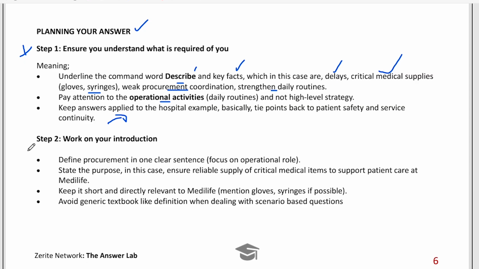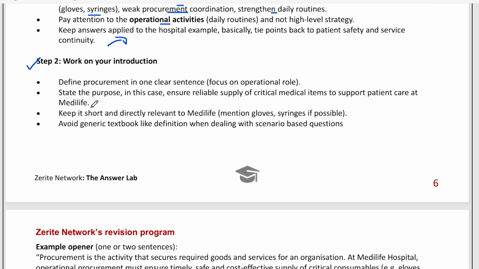2, now that you've understood the question, there's going to be an introduction. So what do you talk about in the introduction? You define procurement, obviously. You need to know what you're talking about. Define procurement in a clear sentence, but you're not defining it from a strategic perspective. You're defining it from an operational role point of view.